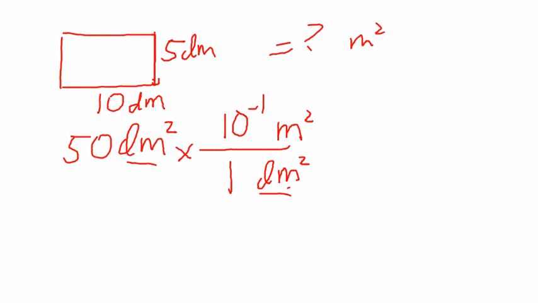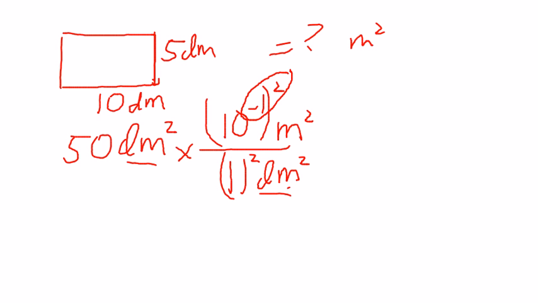However, you can't just square the units. You also have to square the exponents. 1 squared on the bottom is still 1. However, when you have a power of 10 and you raise it to another power, you multiply those exponents.